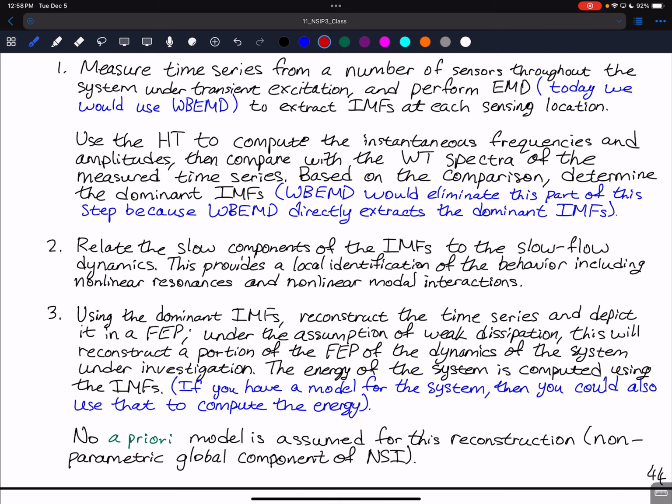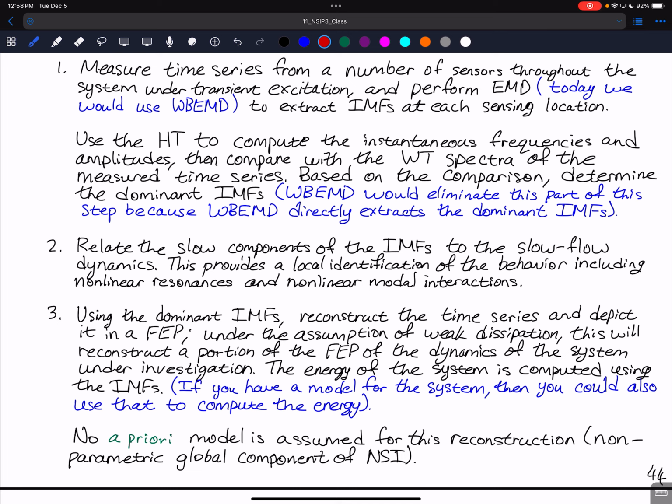So that means that the FEP of the damped system is a little bit different than the FEP of the undamped system, which is valid and tends to be true because most structures are weakly damped to begin with anyway. Typically you have to specifically implement damping to make these things highly damped rather than weakly damped or strongly damped.